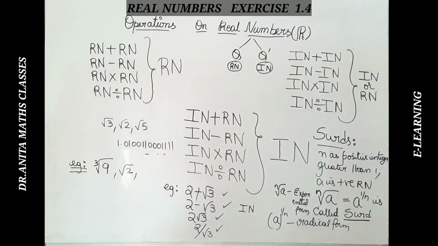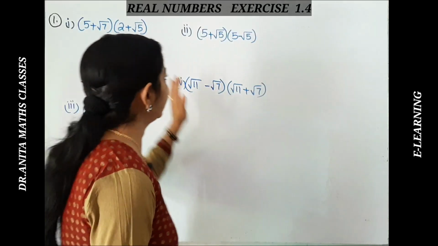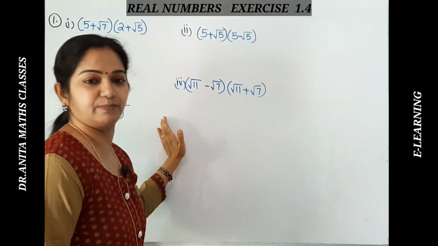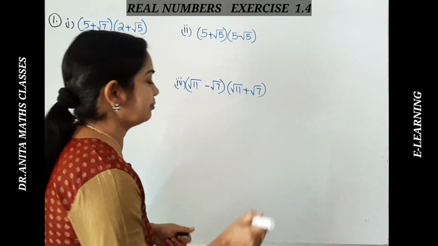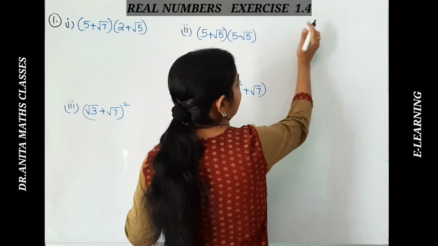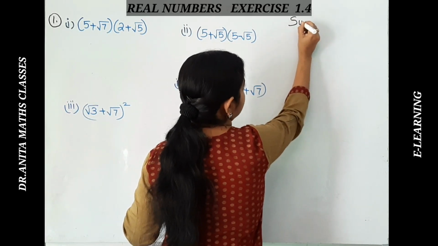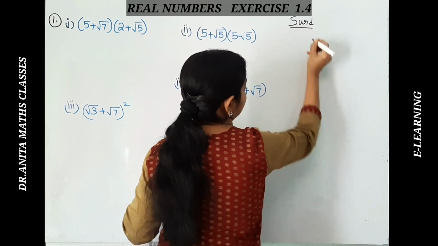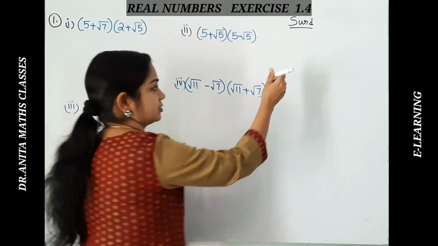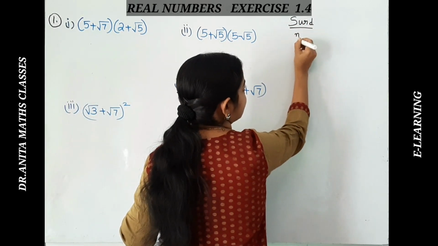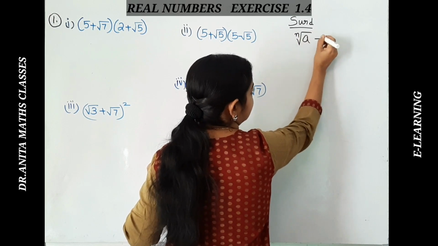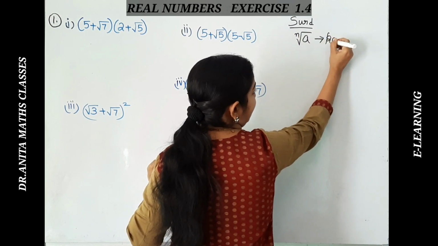Let's start. Before going into the actual exercise of 1.4, let me give you some more operations. Now we were talking about the surd. I was telling it wrongly, and that was a mistake: the form having the root is the radical form.